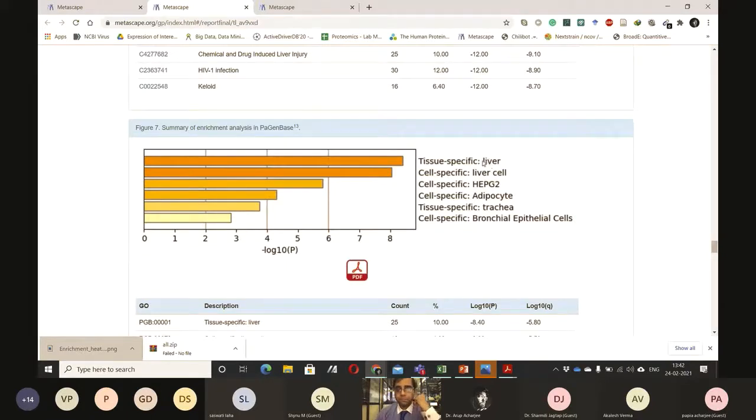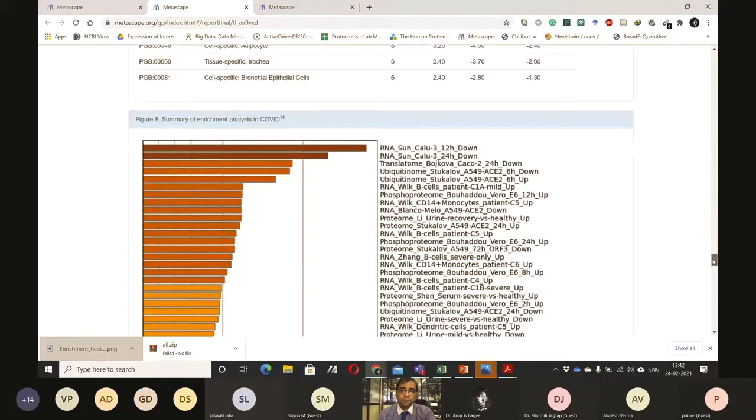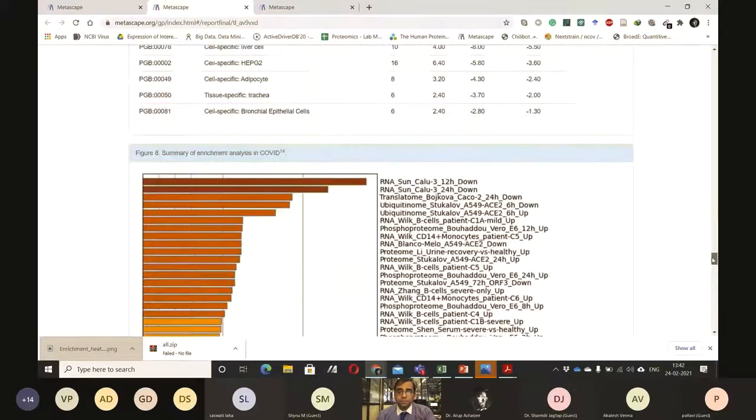If you talk of tissue, most of them originate in liver. If you talk of cell specific, you see there are the bronchial epithelial cells and trachea. So you get a hint that these might be nasopharyngeal swabs. So this is how Metascape works. And the final summary analysis is an enrichment analysis in COVID, which I did not discuss because it's very particular to COVID.